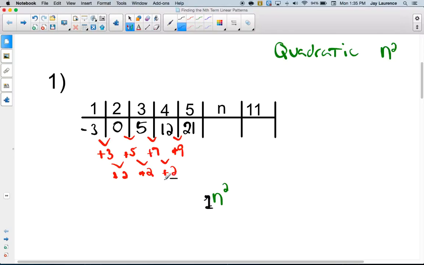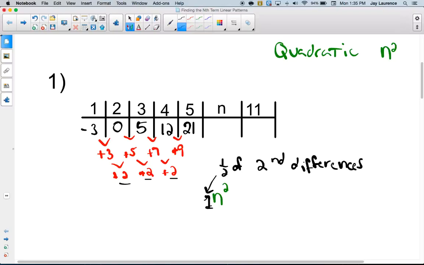If you look, 1 is half of the second difference. Okay? This number is 1/2 of the second differences. Okay, so since it was all plus 2, plus 2, plus 2, I went ahead and wrote down 1n squared.